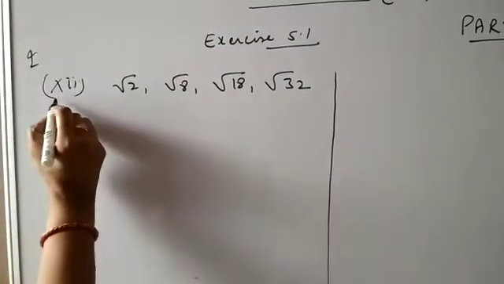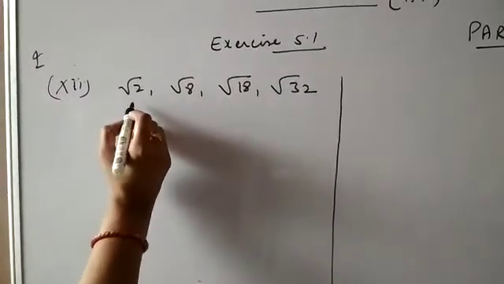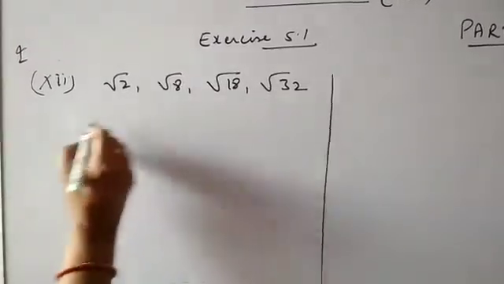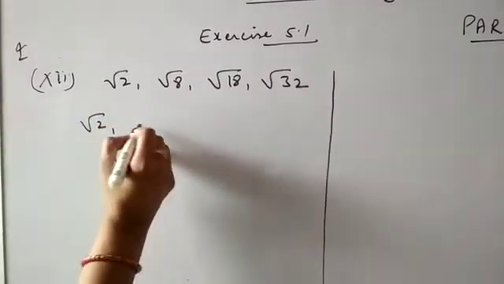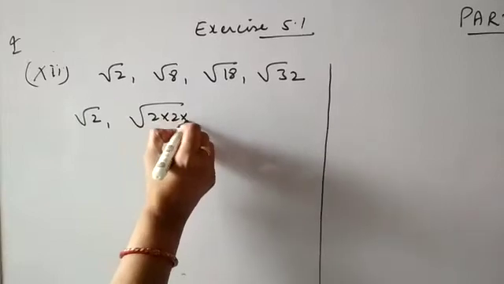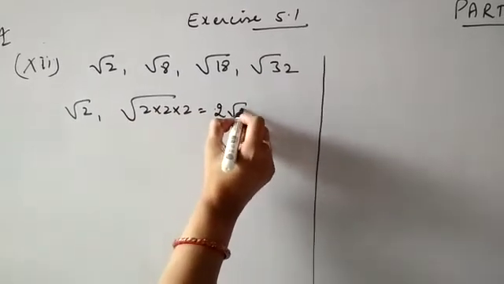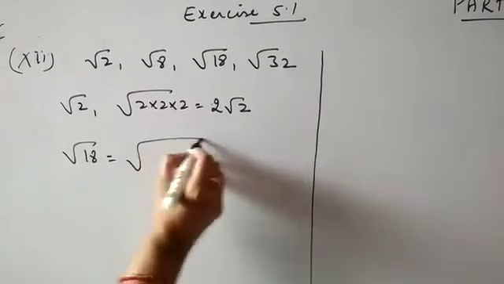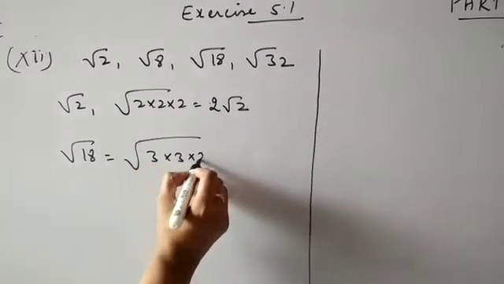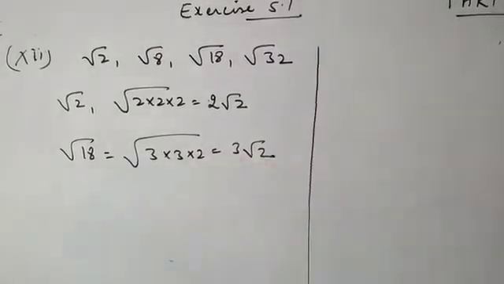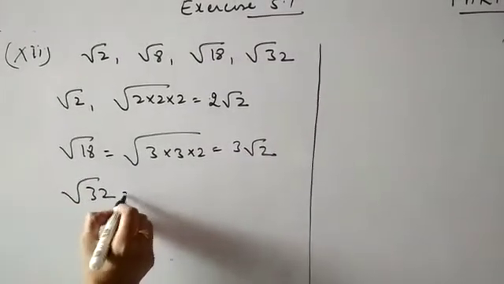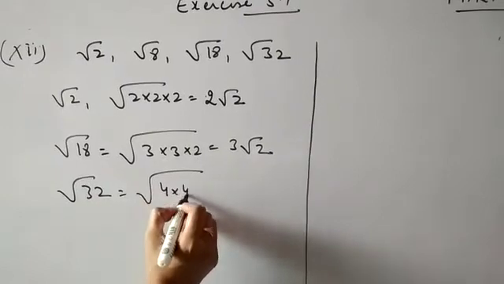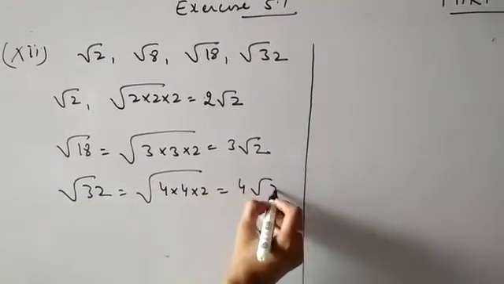Let's take the 12th part of question number 4 to check whether it is an AP. It is root 2. Root 8 will be 2 root 2. And root 18 is 3 into 3 into 2, 3 root 2. Root 32 is 4 into 4 into 2, 4 root 2.